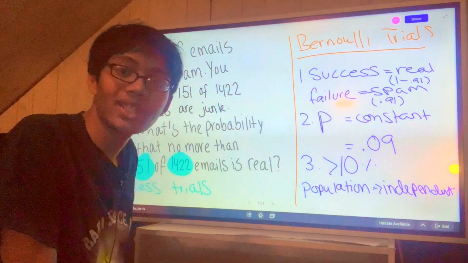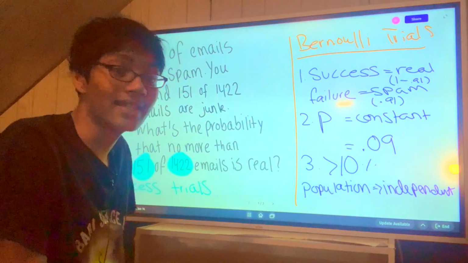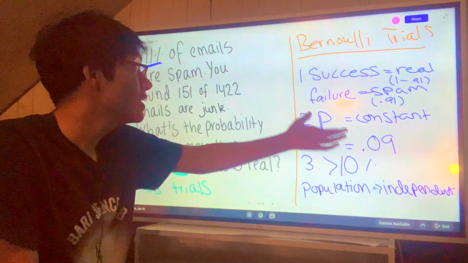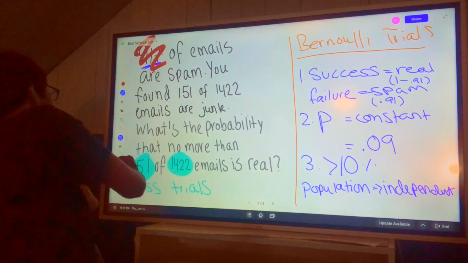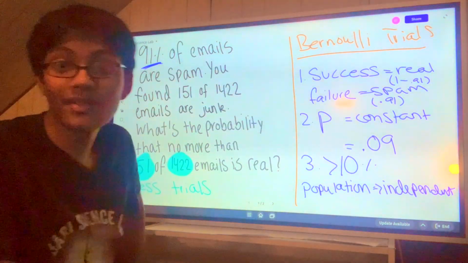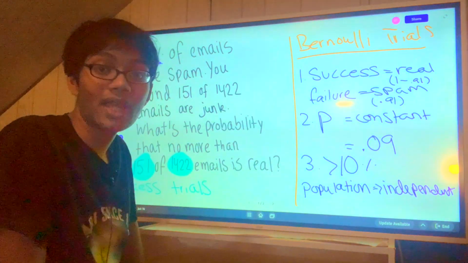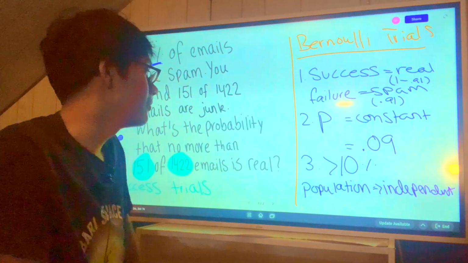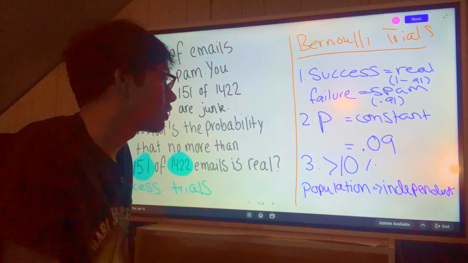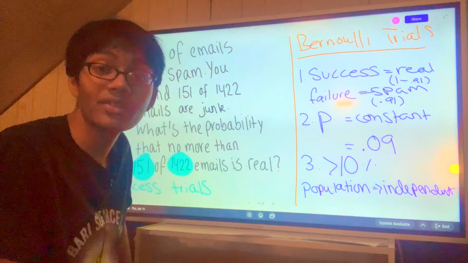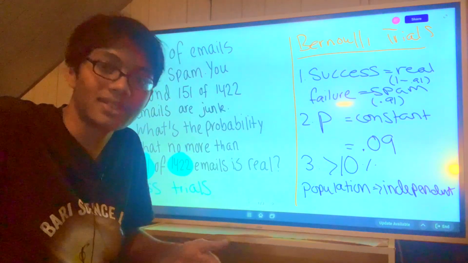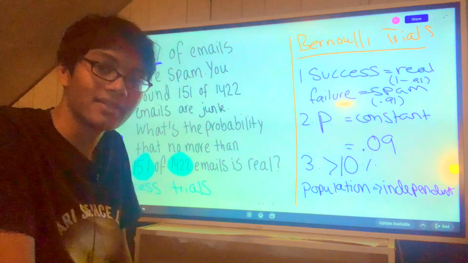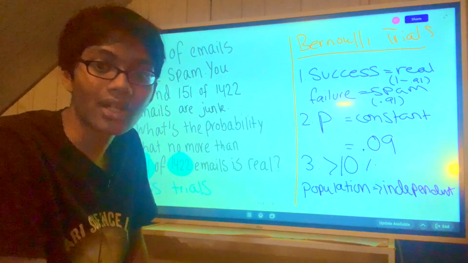Bernoulli trials also have to keep the probability of success constant, which in this case is 9%, since spam happens 91% of the time, so real emails happen the other 9% of the time. The final clue to a Bernoulli trial is that the trials are independent. So if one email is spam, the other one is not influenced to be spam. It's not like they're buddies or emails can talk to each other.